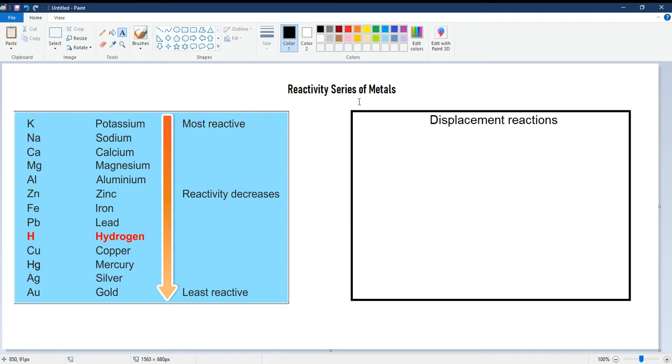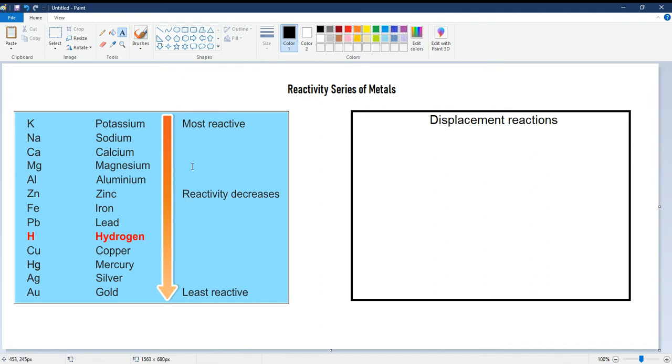And we're also going to be learning about displacement reactions, which I will teach you after the reactivity series of metals. You can see the topmost reactive metal over here is potassium. Then comes sodium, calcium, magnesium, aluminum, zinc, iron, lead, hydrogen, copper, mercury, silver, and gold.